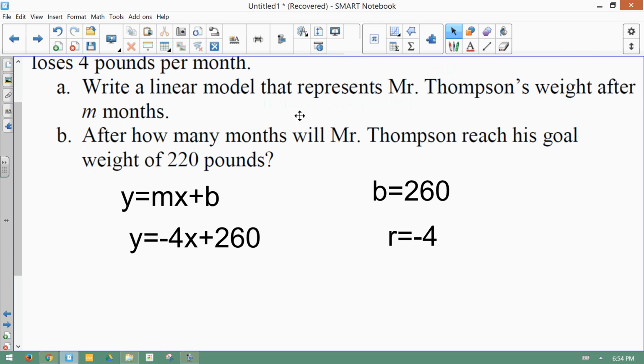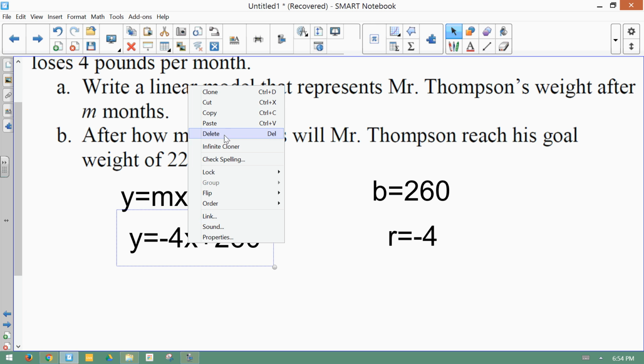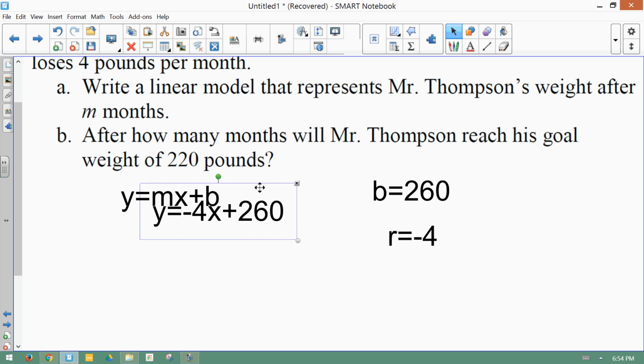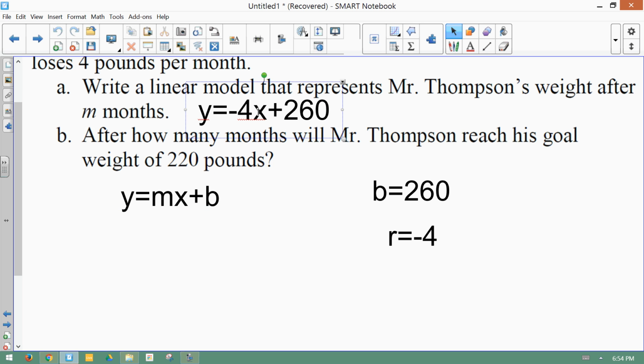Now they want to know what will happen. Let's change this model to represent his weight after M months. Okay, so I'm going to copy this, and instead of X months, I'm going to put M months. Now, after how many months will Mr. Thompson reach his goal weight of 220 pounds?